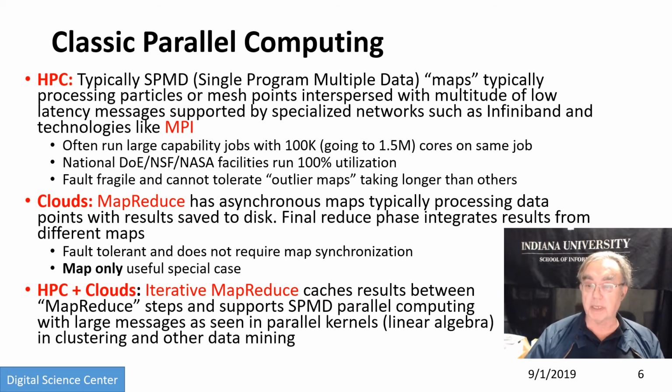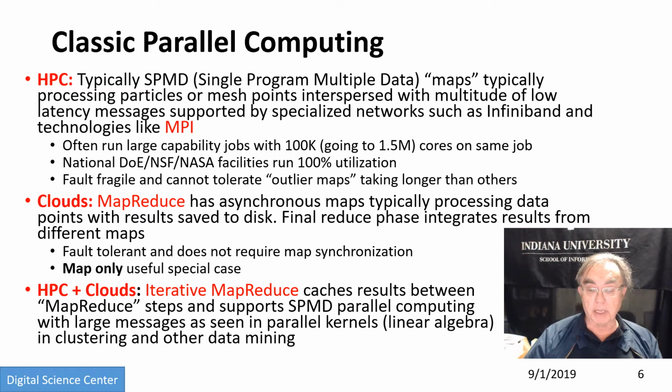HPC is totally intolerant of that because if one node holds up all the other nodes, the other nodes fall idle, and then you have a huge cost. In MapReduce, where things are written to disk, you don't see that problem. So MapReduce is actually much more tolerant of not only hardware problems, but also software and load balancing issues. And there's the very important map-only special case, which is pleasingly parallel.